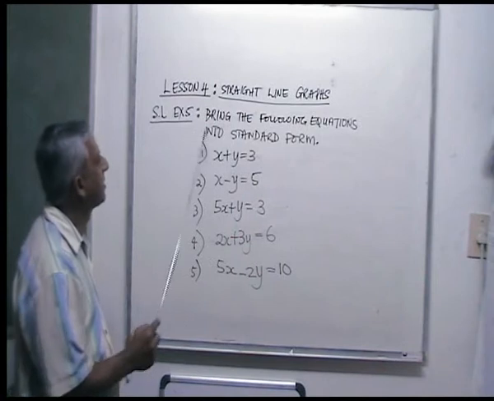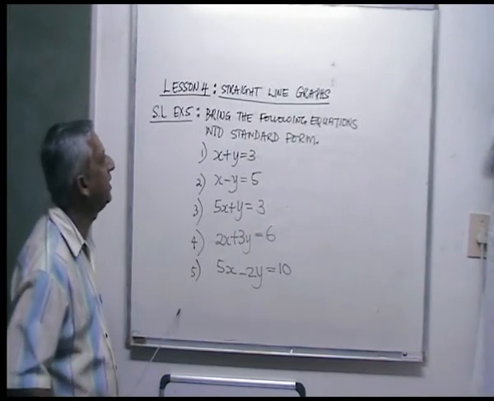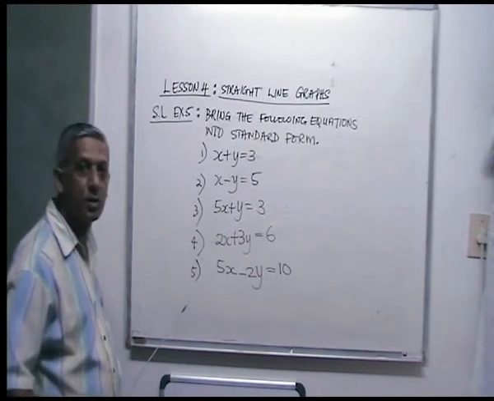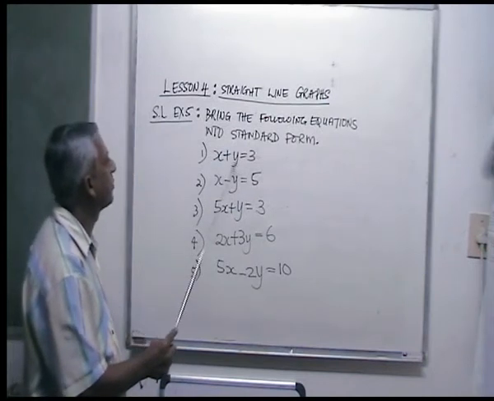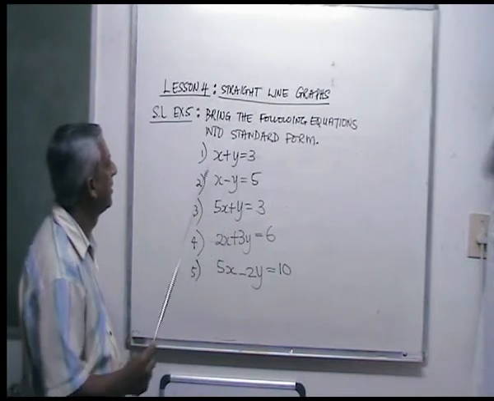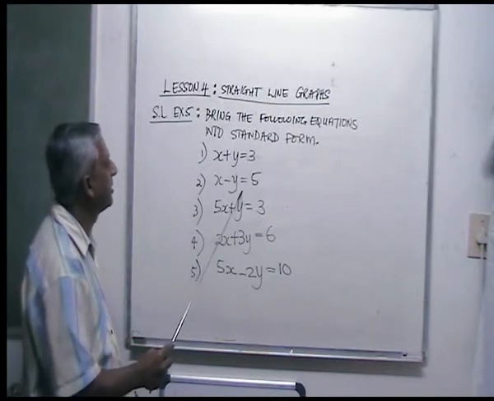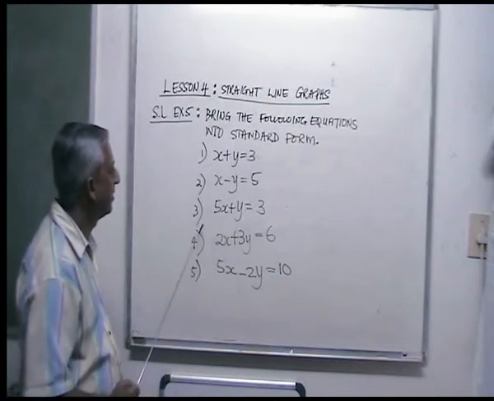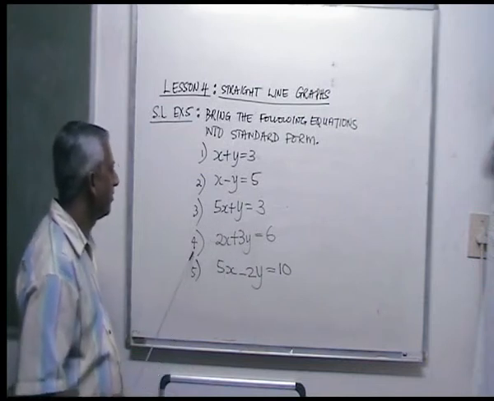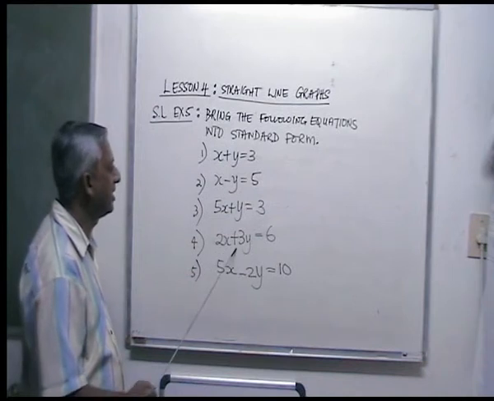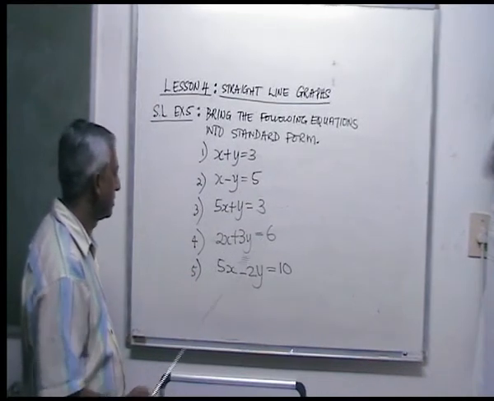Okay, so here's a little exercise where you have to bring the equations into standard form. Number 1, x plus y is equal to 3. Number 2, x minus y is equal to 5. Number 3, 5x plus y is equal to 3. Number 4, 2x plus 3y is equal to 6.